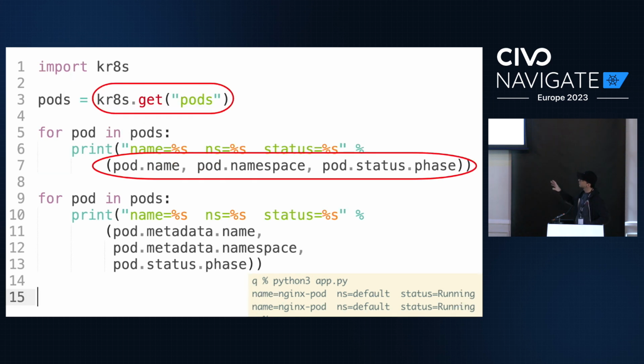With the alternative Python client library, it looks a lot different. This is the library that tries to provide a kubectl-like interface. So if you look at the code there, there's no client creation code. You just say package name, get, and then pods, very similar to kubectl.